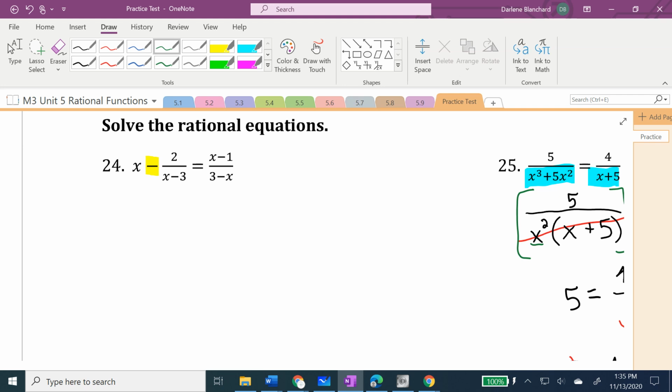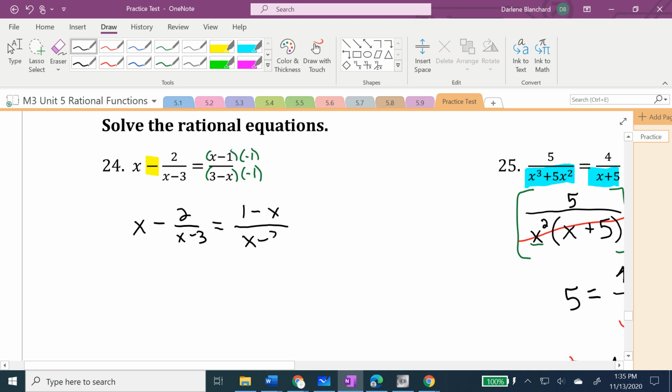If I multiply the numerator and the denominator by the exact same thing, -1, I can reverse the subtraction order, which is going to be very, very convenient in this case. So I'm going to rewrite the left side of the equation. And on the right side, the x minus 1 is now a 1 minus x. The 3 minus x is now an x minus 3.